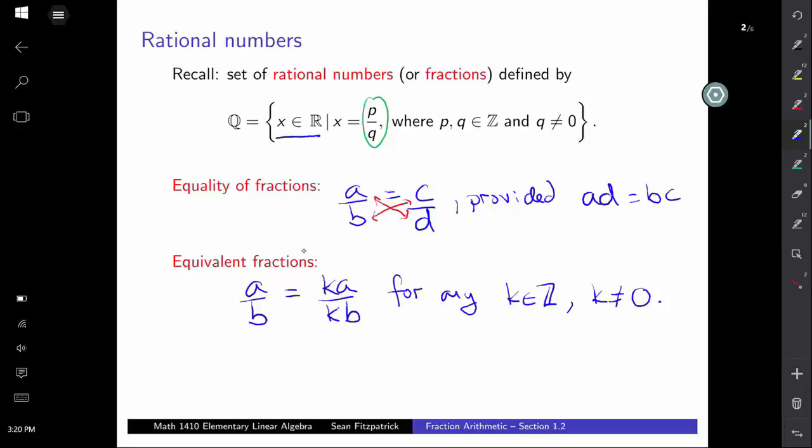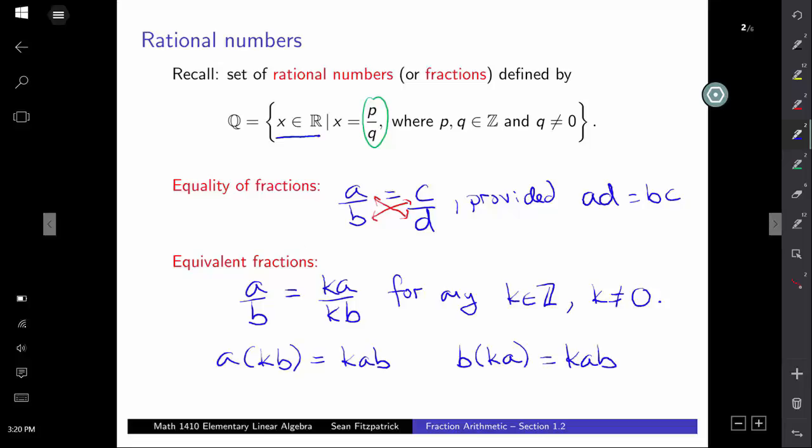And you can see that this has to be true, because if I multiply A times kB, well, we know that order of multiplication doesn't matter, so I can write that as kAB. On the other hand, B times kA, again, I can write that as kAB. So these are equal.